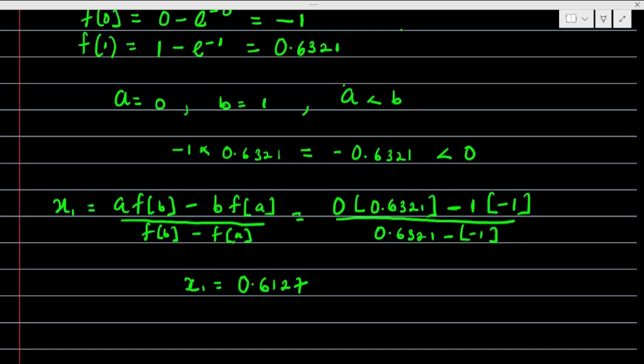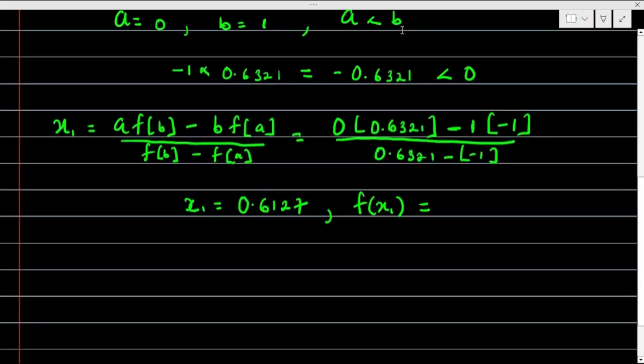For us to do our second iteration, I usually tell my students that our x1 is not enough. We need to get the value of f of x1. How do we get our f of x1? We are going to input it back in our equation, which is x minus e raised to power minus x.